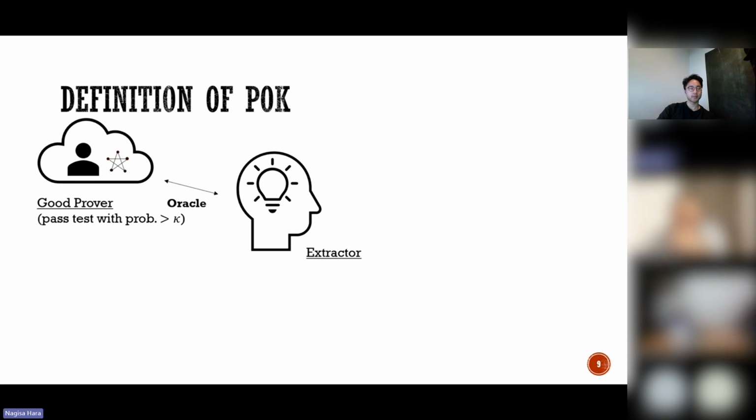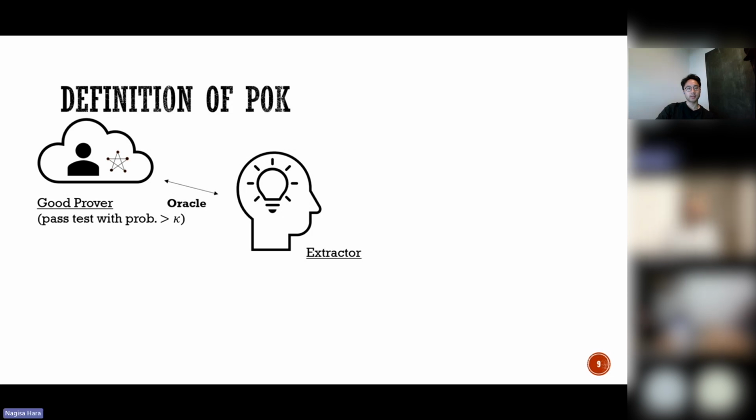I want to mention more about the definition of the proof of knowledge, because I already gave an intuitive-level explanation for the POK. Given a prover that can pass the test with some probability larger than kappa, in order to prove the proof of knowledge, you have to consider a machine called the extractor.